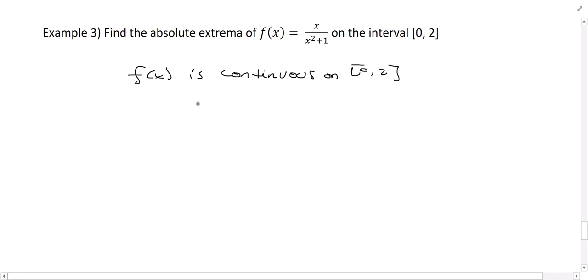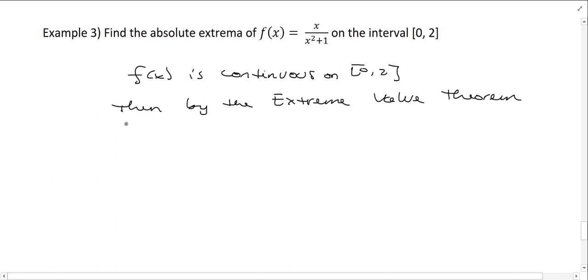And so because it is continuous, by the extreme value theorem, f of x has an absolute max and min. So I'm going to say f of x has absolute extrema.